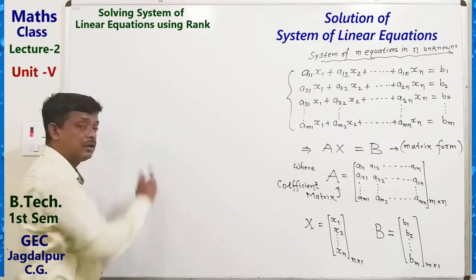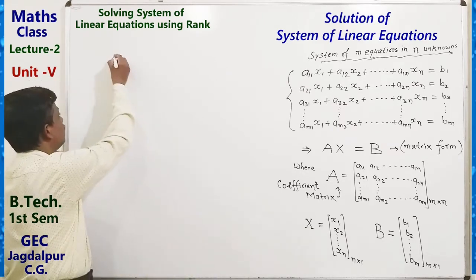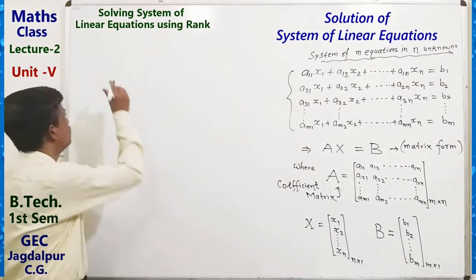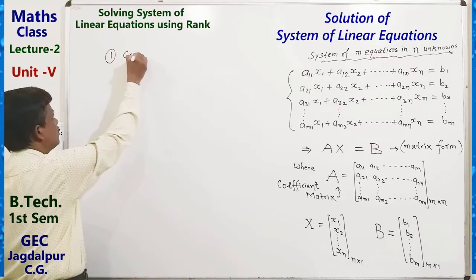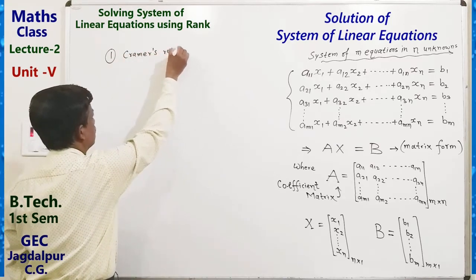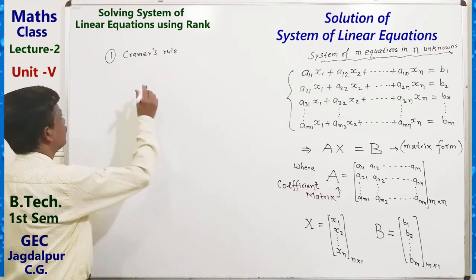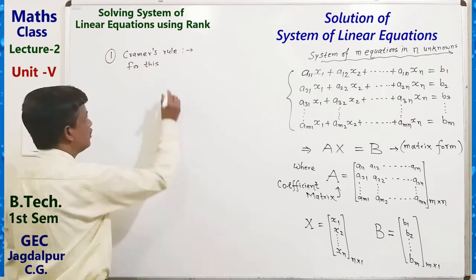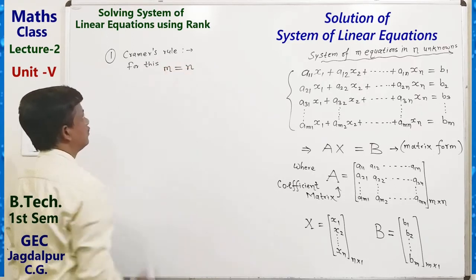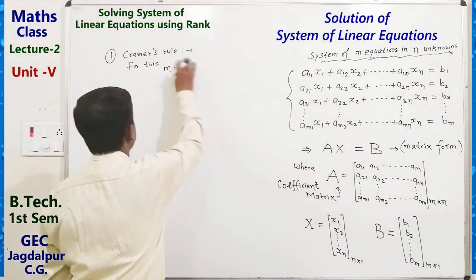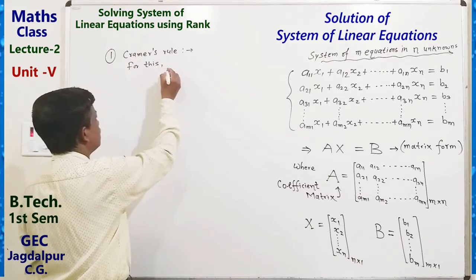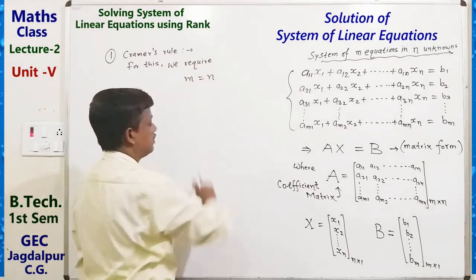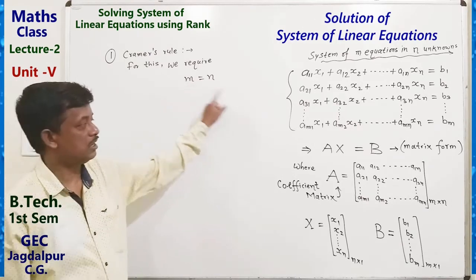But for Cramer's rule we require m equals n, meaning the number of equations and the number of unknowns are equal.